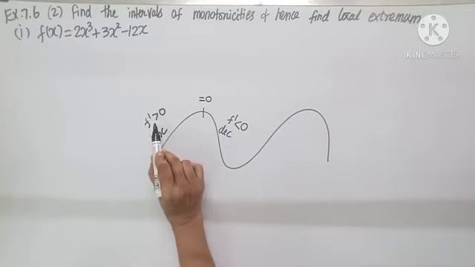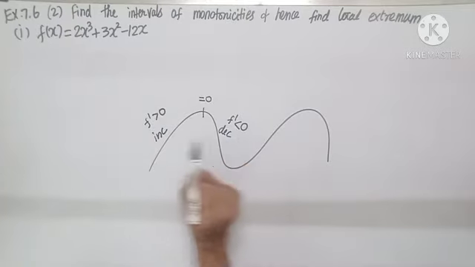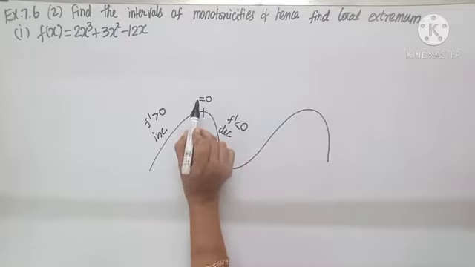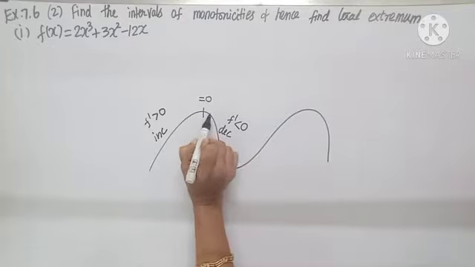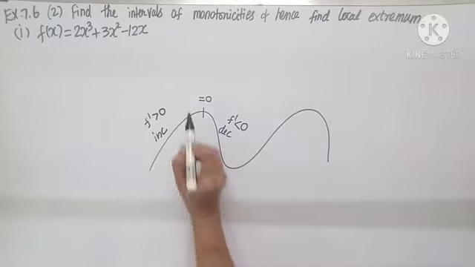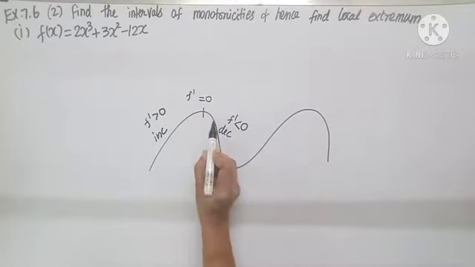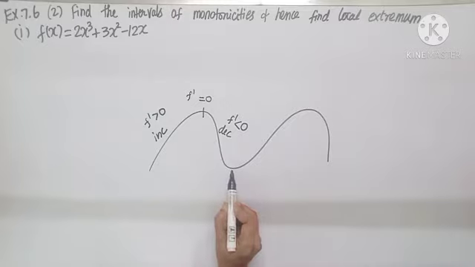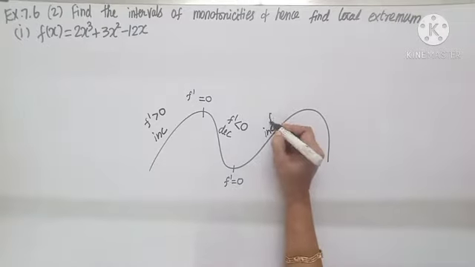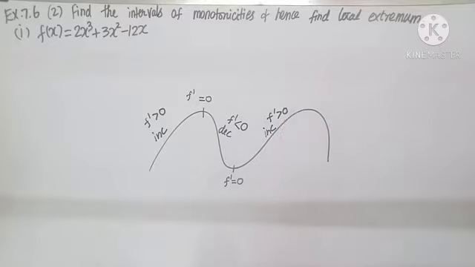So from greater than 0 to less than 0, at a particular value the derivative vanishes. Similarly, the curve keeps on decreasing. At a particular point, again it becomes 0 and it starts increasing where f dash is greater than 0.